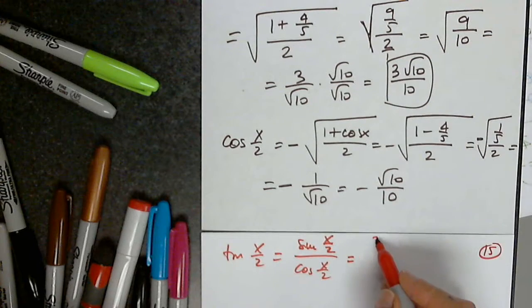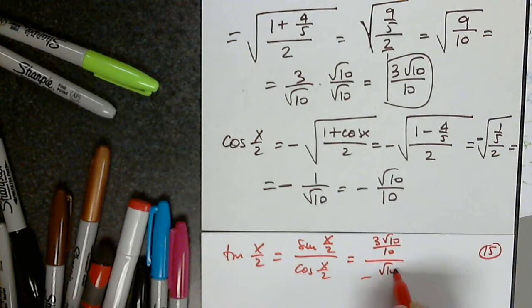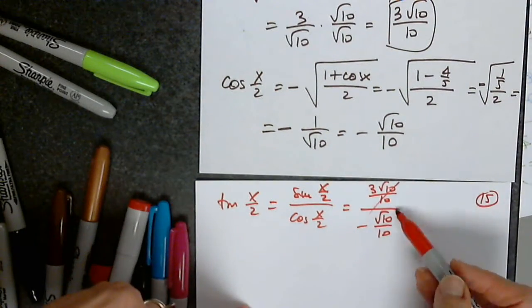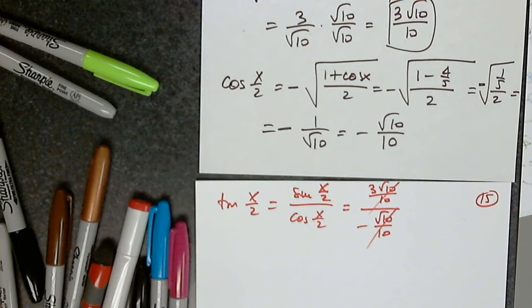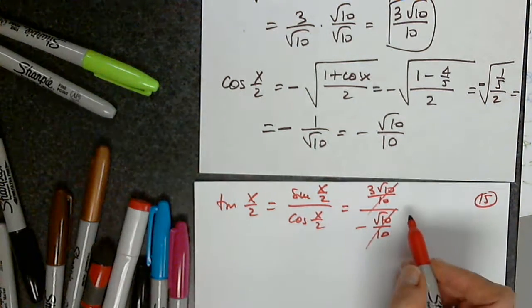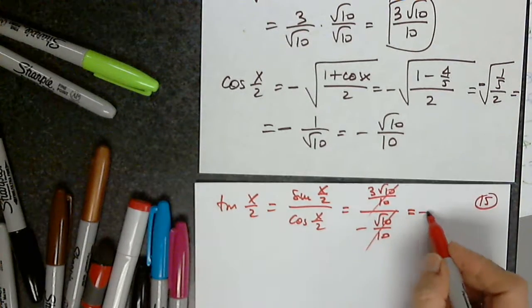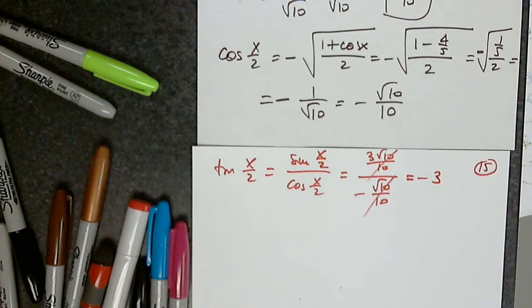Sine x over 2 is 3 the square root of 10 over 10, over the square root of 10 divided by 10. As you see, these two go away. The square root of 10 over 10 is the top, and the square root of 10 over 10 is at the bottom. So the answer for tangent x over 2 will be exactly. As expected, tangent is negative.